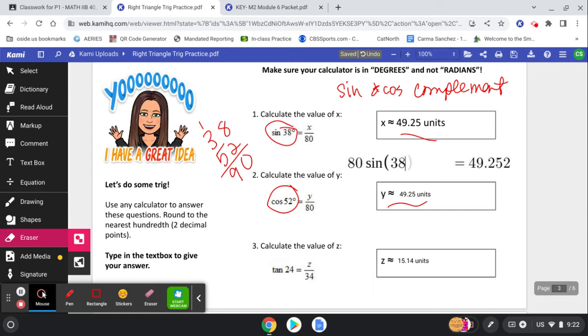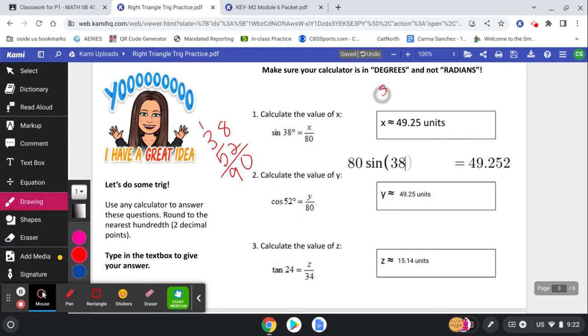Okay, complement is something that adds up to 90. And it would be one angle plus another angle that equals 90. So for example, the sine of 40 degrees would be equal to the cosine of, you got it, 50 degrees.